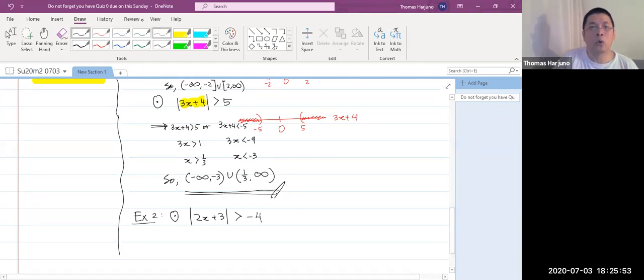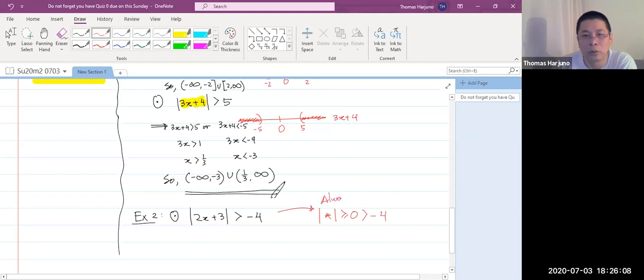Now, we know that the absolute value of anything will always be greater than or equal to 0, which is automatically greater than negative 4, right? For anything, this is always true. So the solution here will be all real numbers, or you can also say from negative infinity to infinity.